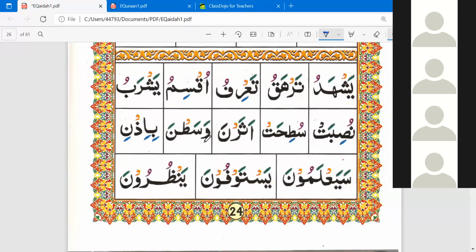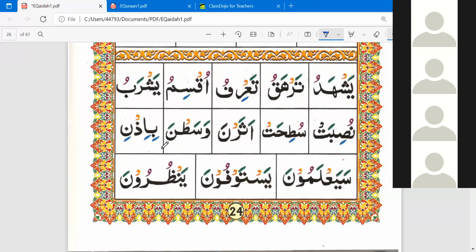Then wa fatha, wa. Sin fatha, ta. And ta sukun, sat. And nun fatha, na. All together: wasatna. Wasatna, isn't it? Wasatna, nusibat, sotehat, afarina, wasatna.